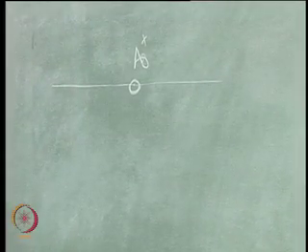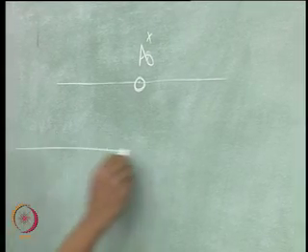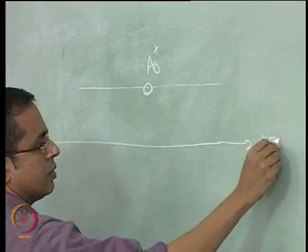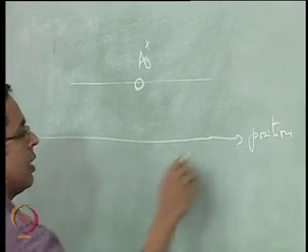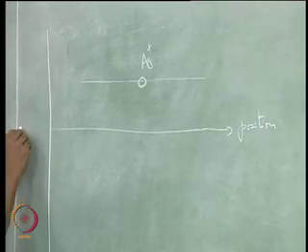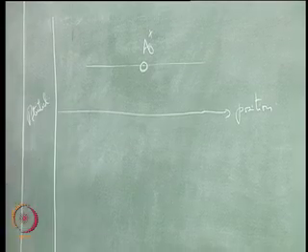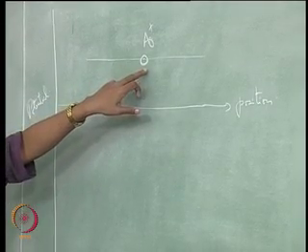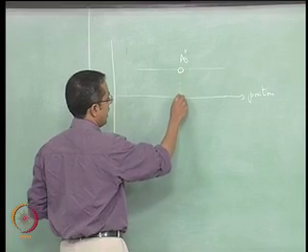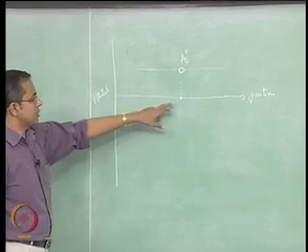Now independently I will say this is the axis of position and this is potential, and I am only making use of the position of this ion, fine.